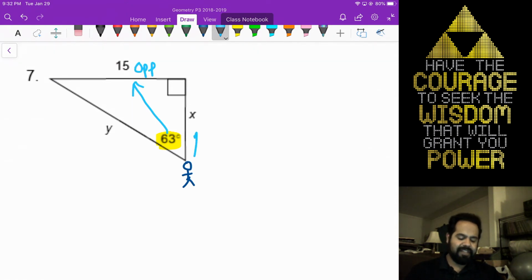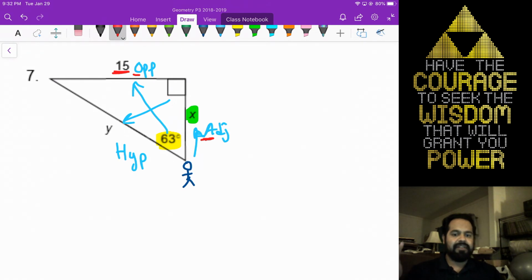X is going to be adjacent to us, and y is going to be the hypotenuse. Now, I'm going to use that 15 and that 63 twice. If I'm solving for x first, I'm going to use the 15, which is my opposite, and this x, which is my adjacent.